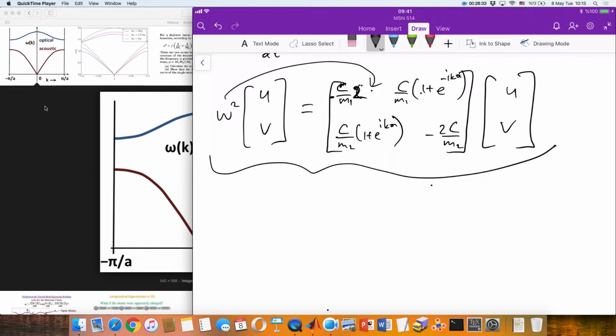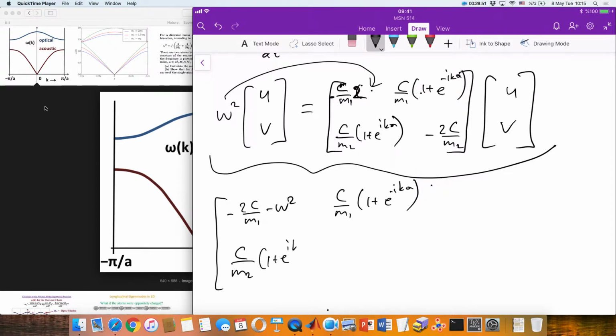So basically, you have to solve minus 2c over m1 minus omega squared, c over m1 times 1 plus e to the minus ika, then c over m2 times 1 plus e to the ika, minus 2c over m2 minus omega squared, right? And then you have to take the determinant and set it to 0, right?